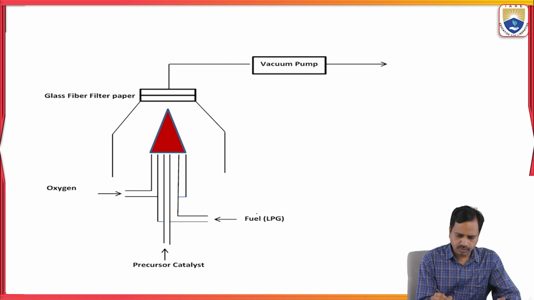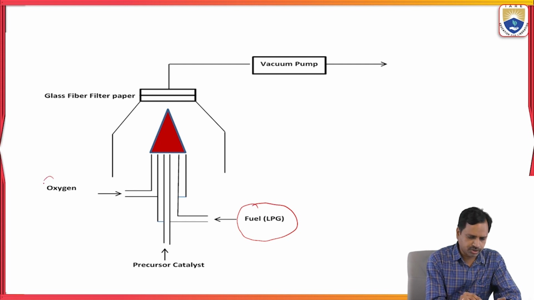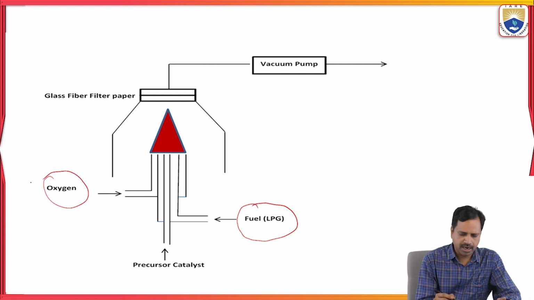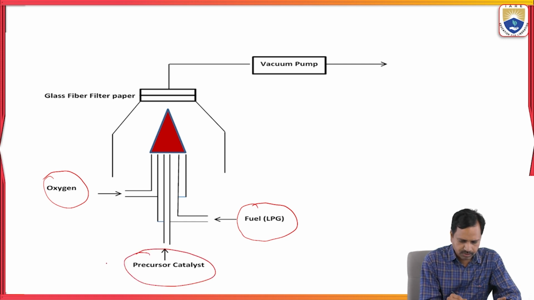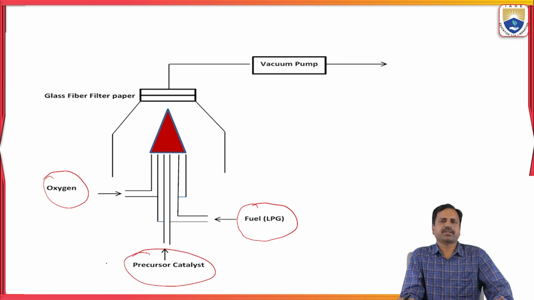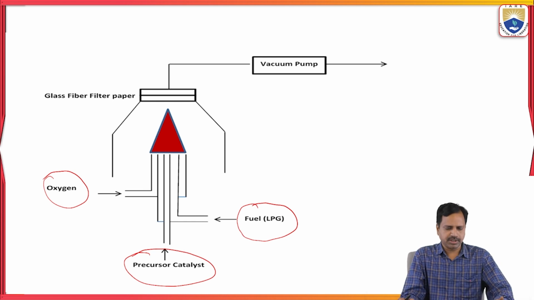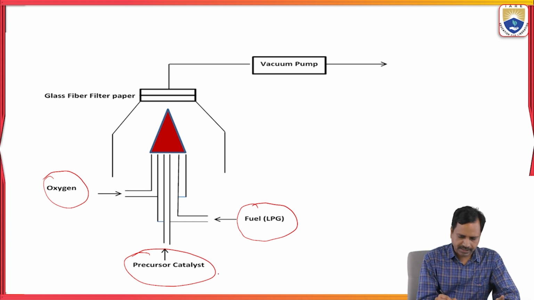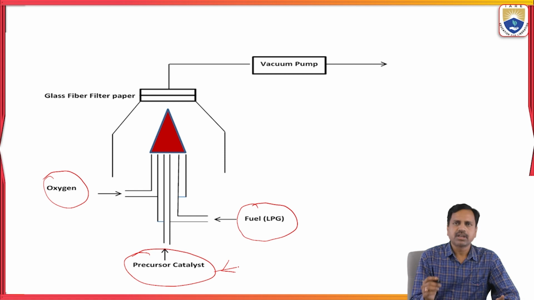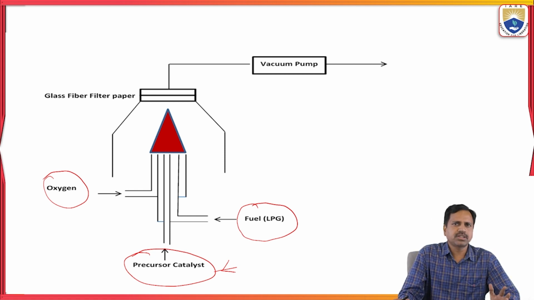Fuel and oxidant will be common in all cases, and from this place we send the precursor catalyst. The precursor means it will be the source of the nanomaterials. This is a combustion method.